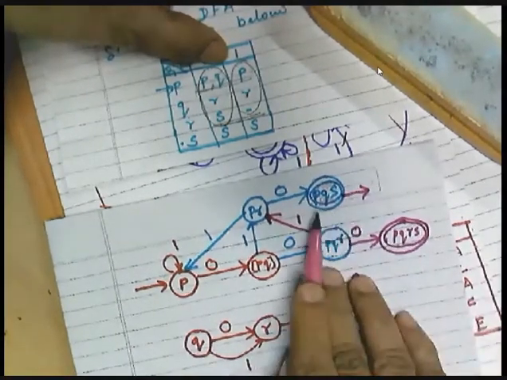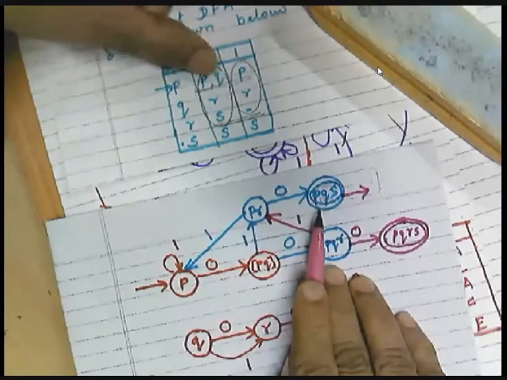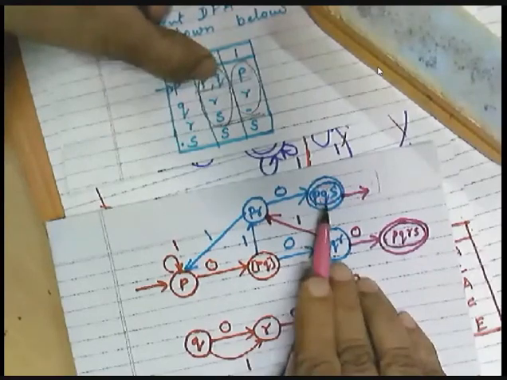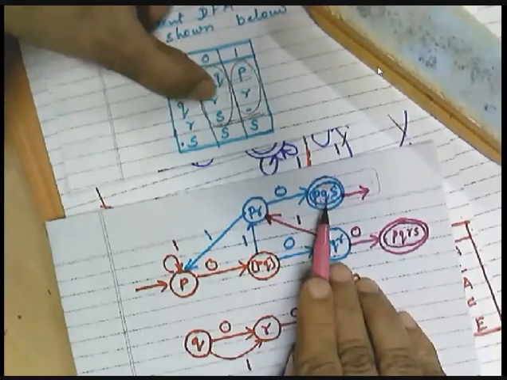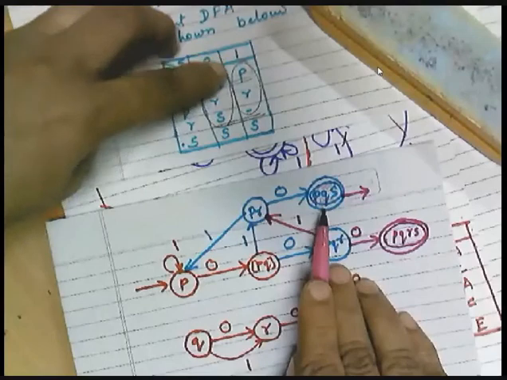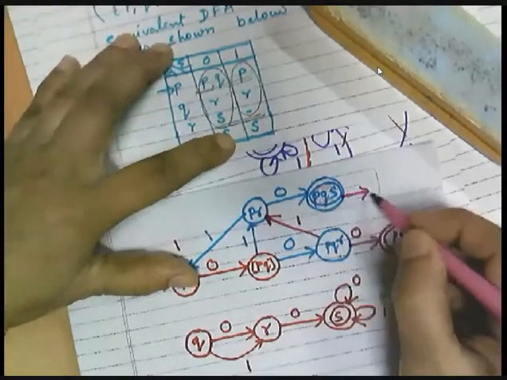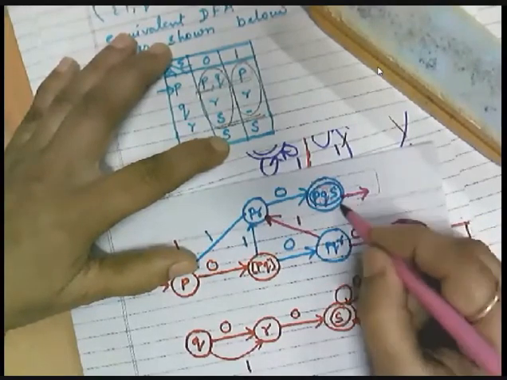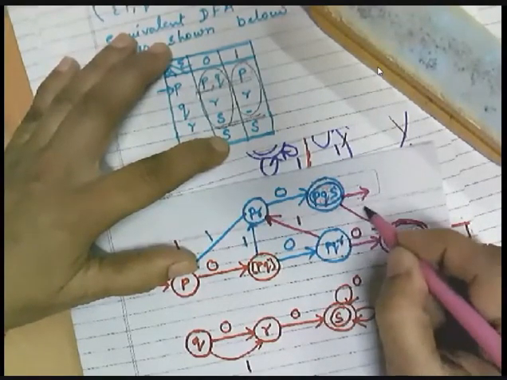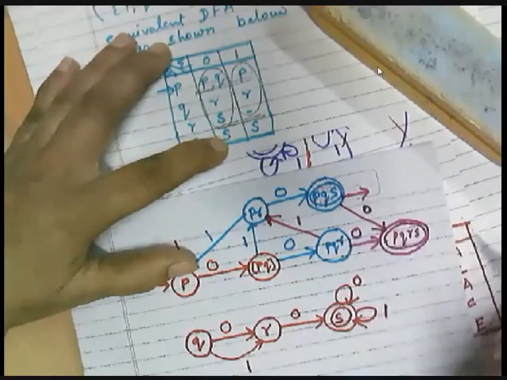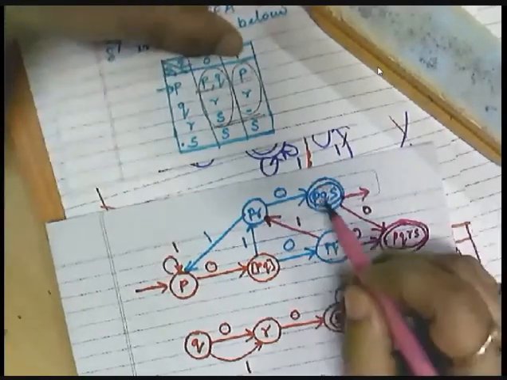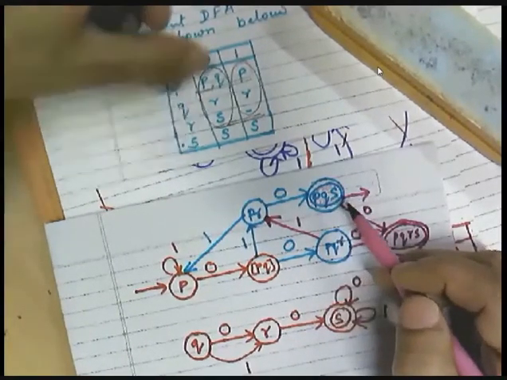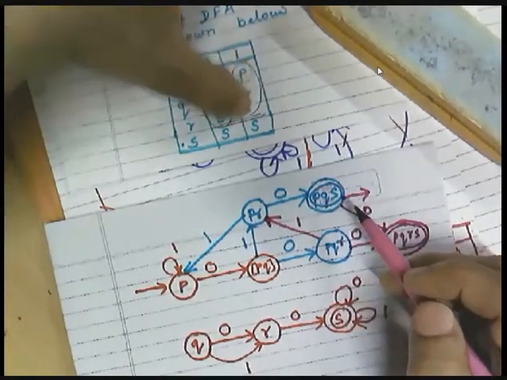Now there is a turn of PQS. Now PQS means P, Q and the last one. Okay. So PQS, that means this and this. So it will be P, Q, R and S. So PQS on 0 also moves to PQRS, and PQS on 1 moves to PRS.